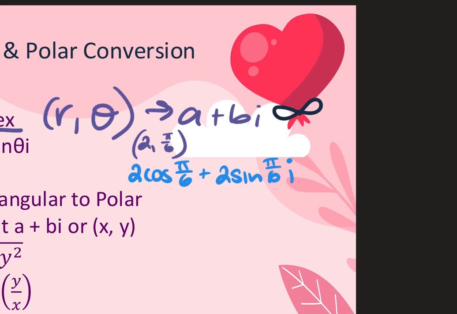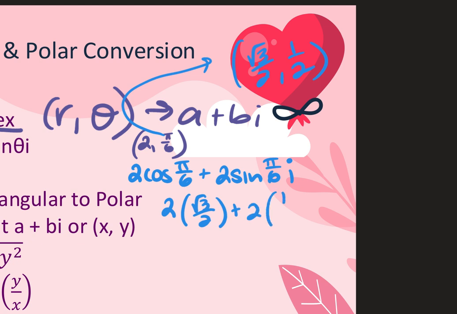And then what's my coordinate point at pi over 6? Square root 3 over 2 and 1/2. So this would be 2 times square root 3 over 2 plus 2 times 1/2, and I keep the i because that's what makes it complex. And I'd get root 3 plus i.